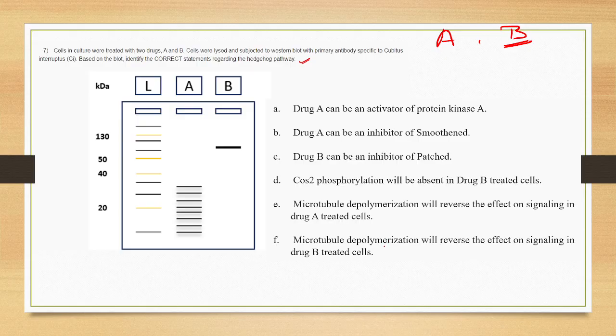Okay. So understand this question clearly. It's 7:10 right now. I'll give you 3 minutes. After 3 minutes, I will switch the screen. Think of all the options. Think of the figure which is given to you. We have already discussed the Hedgehog pathway and try to relate it with it. See all the options very carefully.